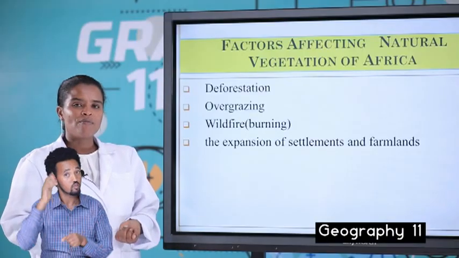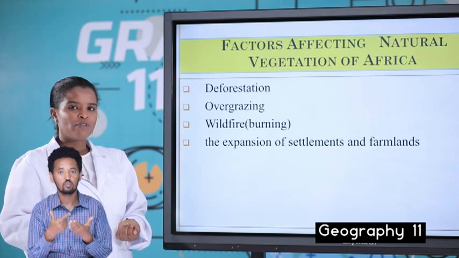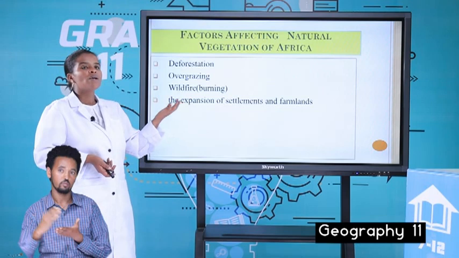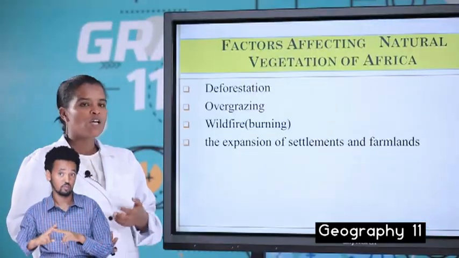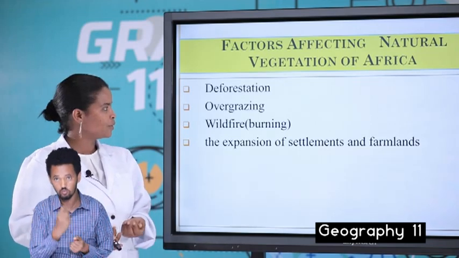Natural vegetation of Africa is affected mainly by deforestation. Deforestation means clearing forests for different purposes. Why do people clear forests? For settlement purposes, for expansion of farming, and for fuel wood.